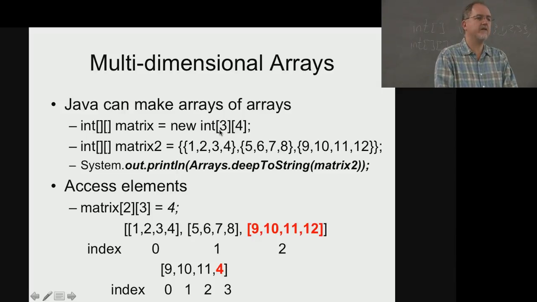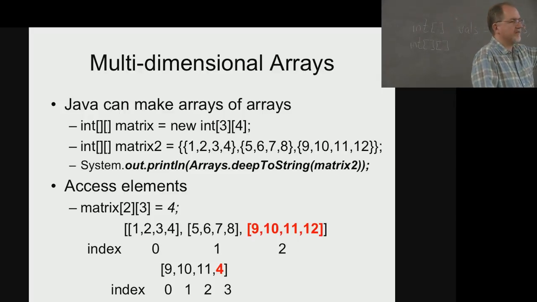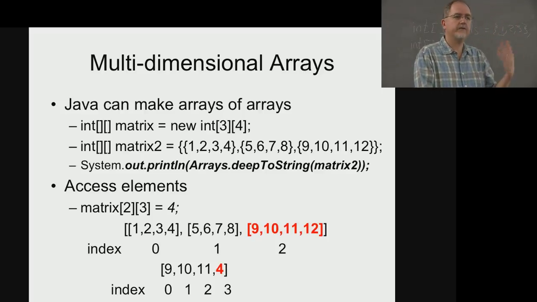I would have to make a new int array of size 4 and put it into the first location, and a new int array of size 4 to put in the second location, and so on. So again, we'll talk more about this, but the main thing is I want to show that you can build these more complicated array structures. There's no restriction on what an array can hold. It can hold strings, ints, doubles, and it can also hold arrays. And that's the notation for it.